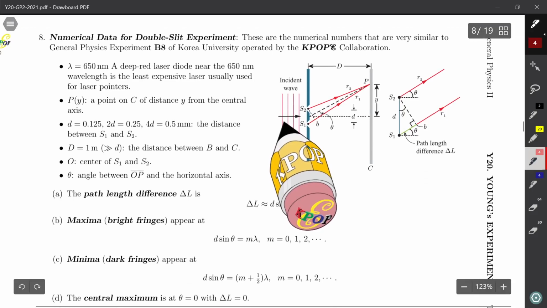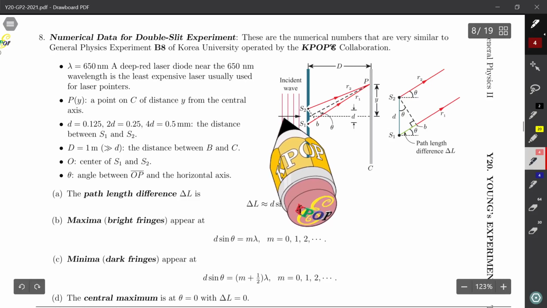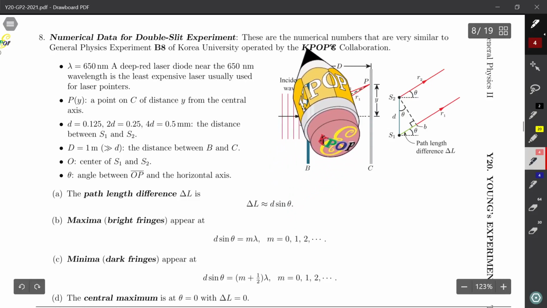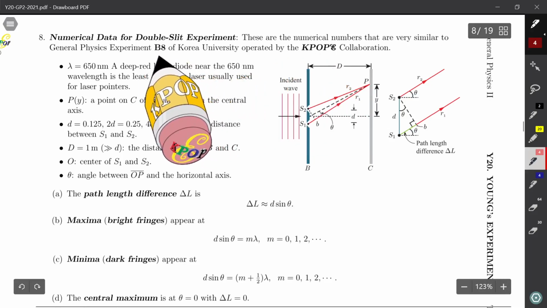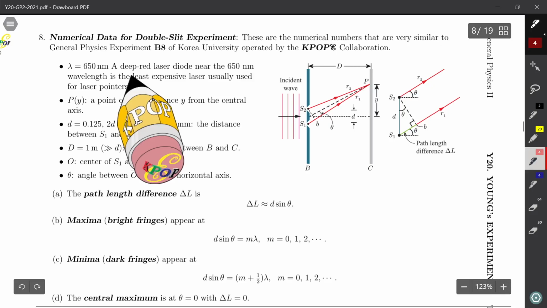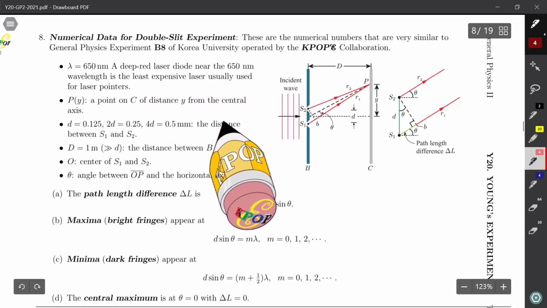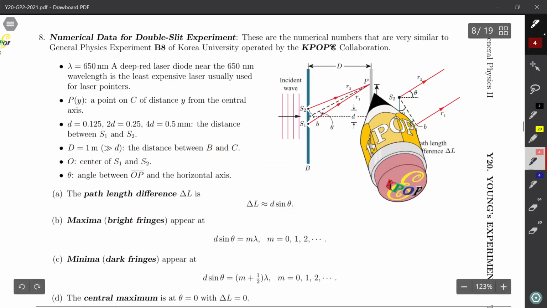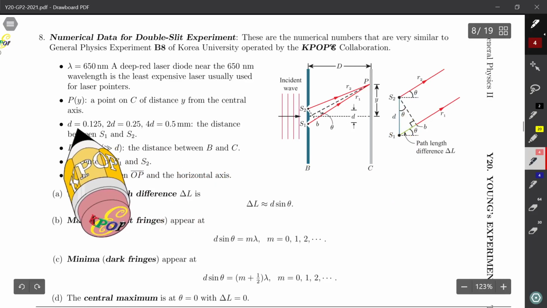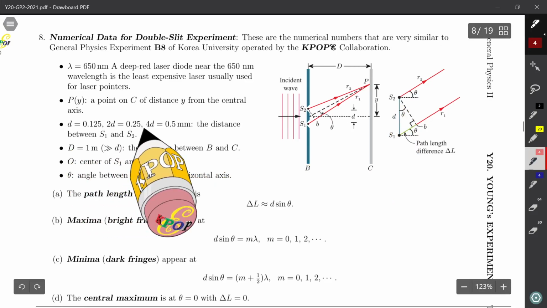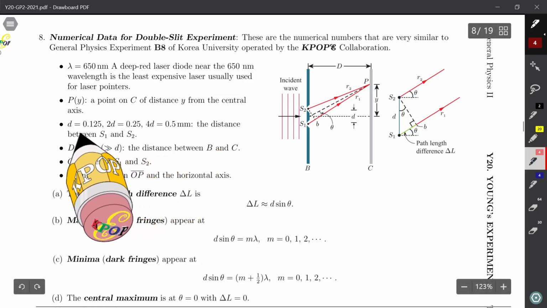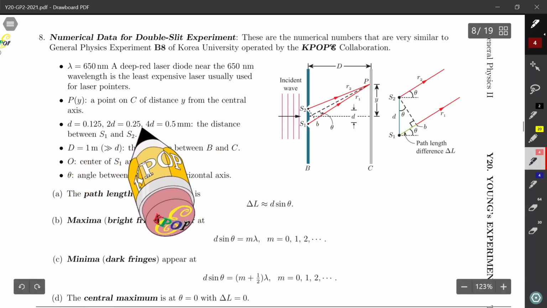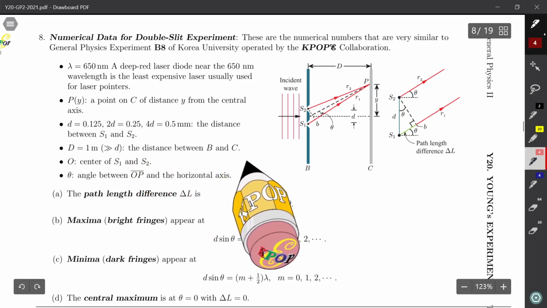So let us reconsider the same experiment, but with physical numbers, as in our K-pop collaboration experiment set B8. We have similar numbers. We use a wavelength of 650 nanometers from a deep red laser diode. The distance between the two apertures is in millimeters: 0.1, 0.25, 0.5, something like that.